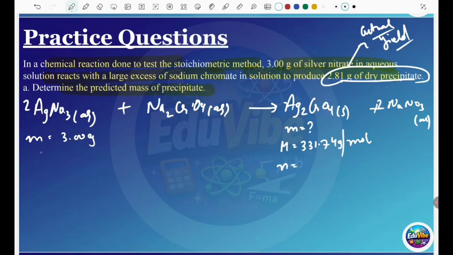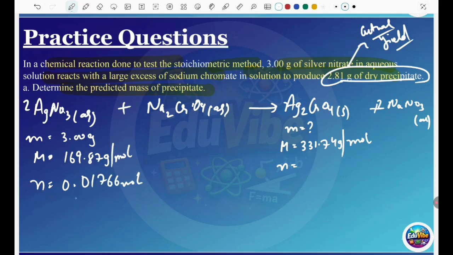So for this one, you can find the molar mass from here. It's 169.87 grams per mole, which will become 0.0176 moles. Then you can use the ratio of 2 moles to get your answer for this. You can find it by the method called stoichiometry.